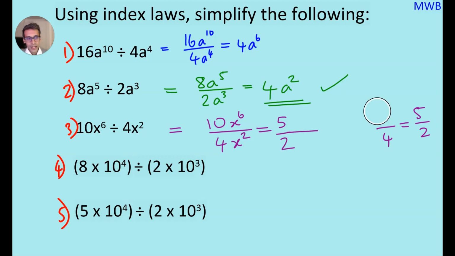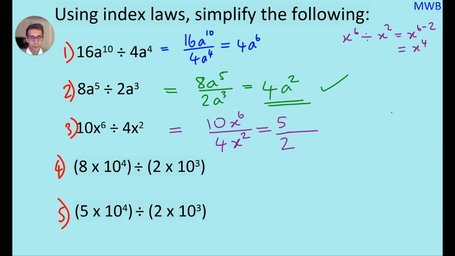And then we've got x to the power 6 divided by x to the power 2, which is x to the power 6 minus 2, which is x to the power 4. Now, this has to go on top because it's a positive 4.